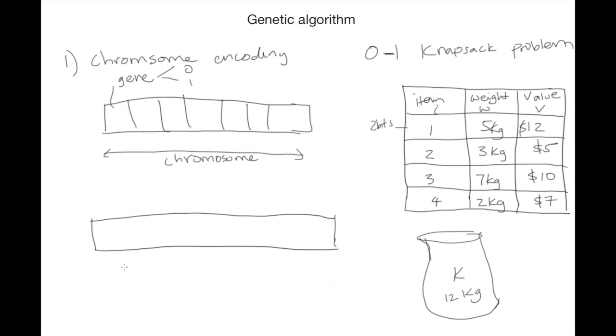So therefore the total length of this chromosome is going to be 8 bits long, and each codon, so you have 2 genes here, essentially represents the presence of a particular item. So if he decides to, let's say, take the first item, it will be 0, 0. And next, if he decides to take the third item, so this is 0, 0, 1, 0. The third item has a coding 0, 1.